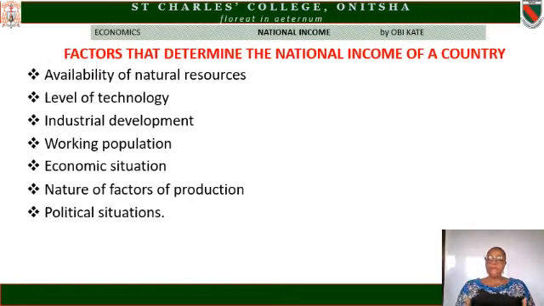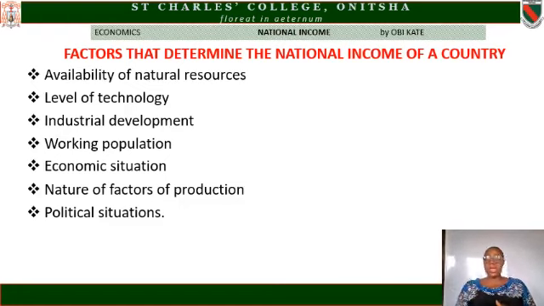Then, what are the factors that determine the national income of a country? Number one is availability of natural resources. When natural resources are available in a country, the income of that nation ought to be rich. For example, Nigeria is endowed with so many natural resources.